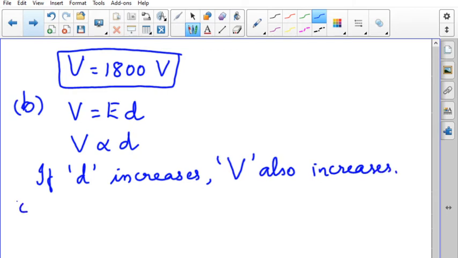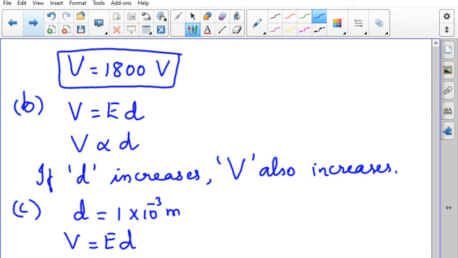Then the third one is, if the gap is 1 millimeter, that is the new distance is given. If it is 1 millimeter, then what will be the potential difference? Therefore, V is equal to ED. What is the value of E?